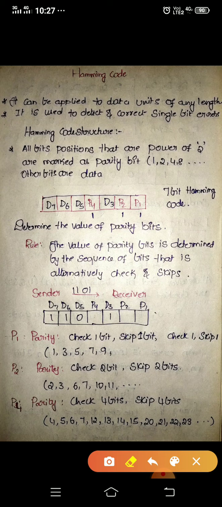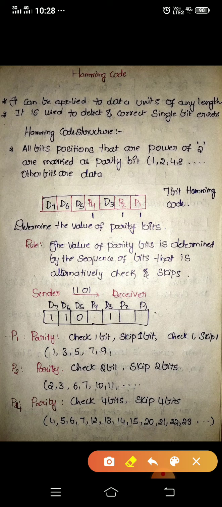After that, check 2 bits means 10 and 11. Like this we go on writing the parity bits for parity 2. Next, for parity 4, we take the same rule, but here check 4 bits, skip 4 bits. For check 4 bits, the starting bits are 4, 5, 6, 7.